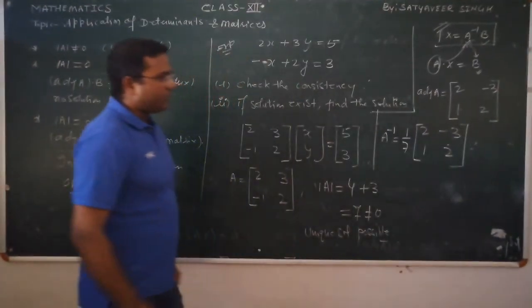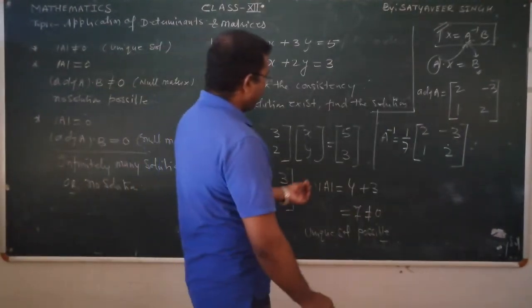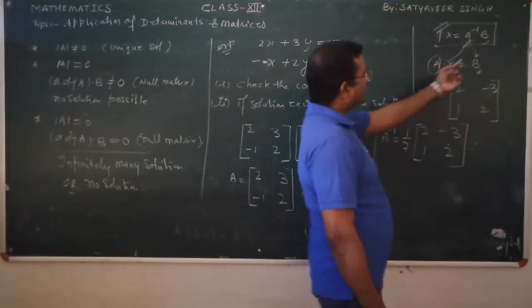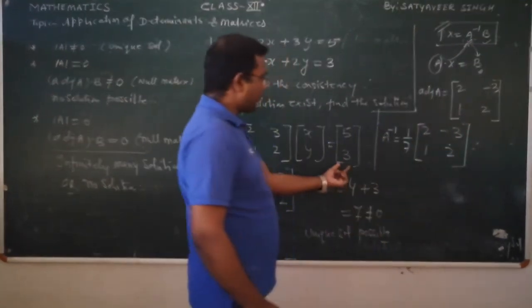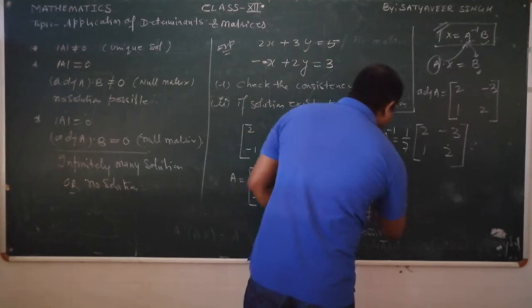See student, this is the inverse we have calculated. Now what you will have to do is multiply this into matrix B. This is our matrix B. So here you will multiply.